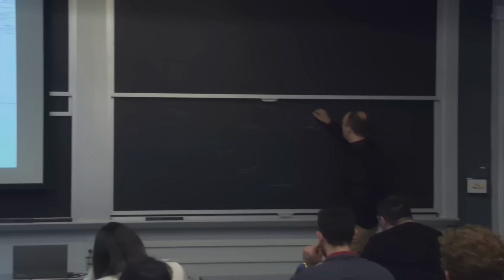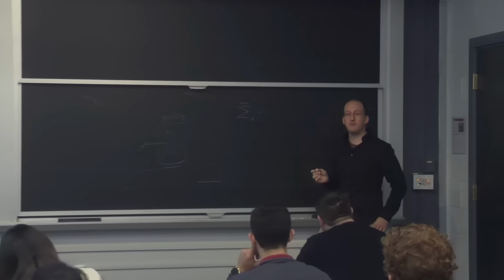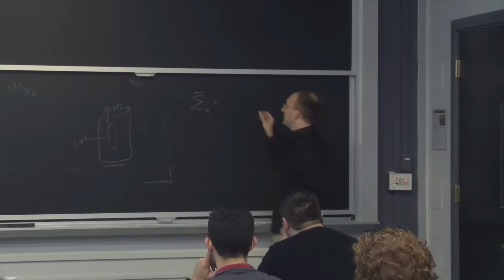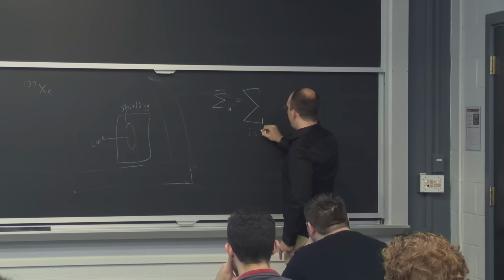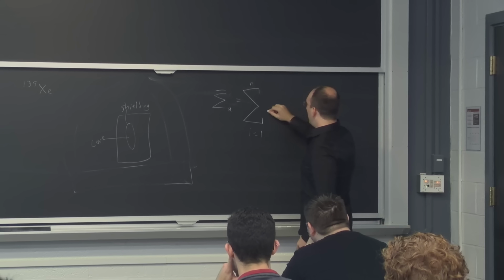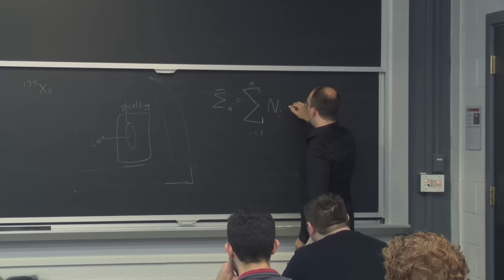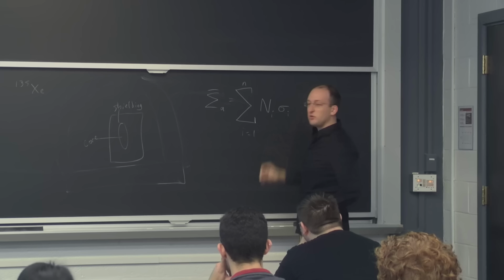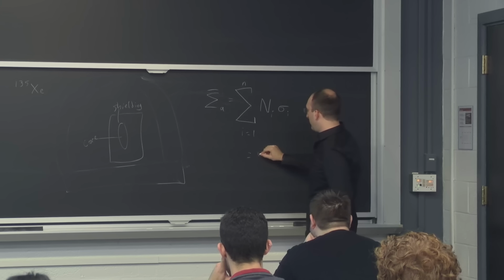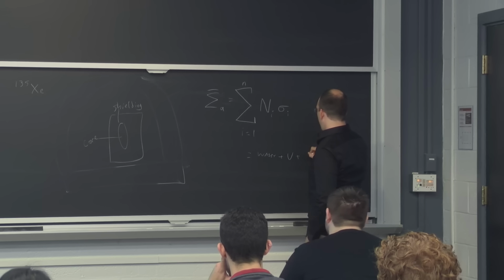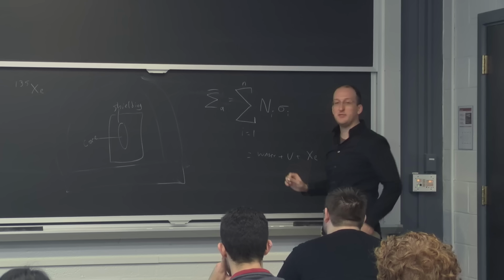Because like you guys saw in the homework, the sigma absorption cross-section of the reactor is the sum over every single isotope in the reactor of its number density times its absorption cross-section. And so that would include everything for water and, let's say, the uranium and the xenon that you're building up.